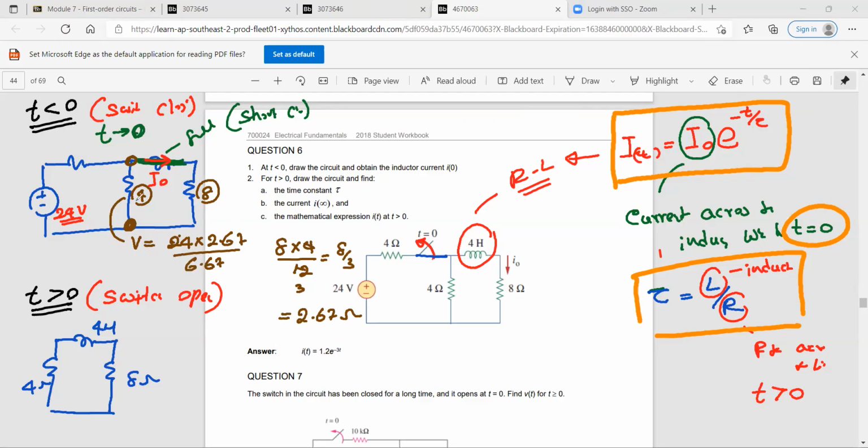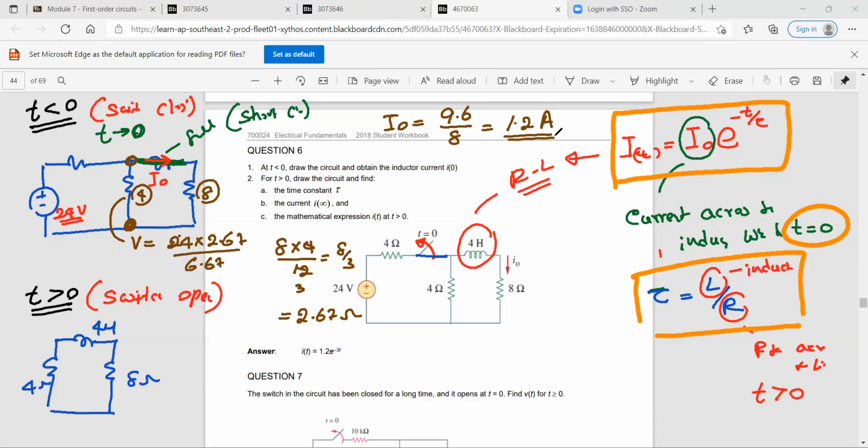That voltage is 9.6. If you want to find I naught, it will be 9.6 volts divided by 8, isn't it? So that is 1.2 amps. Am I right, guys? Does that make sense? Is it clear or not?